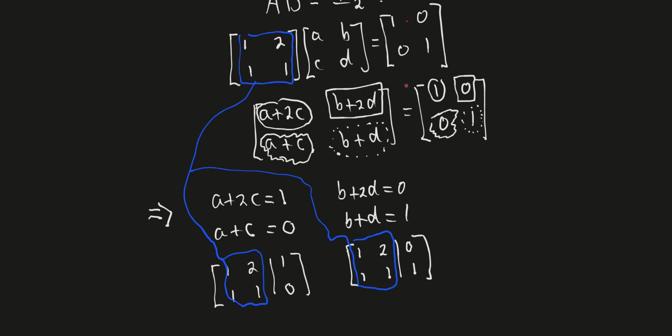So first row, first column is -1 plus 2. Looks good so far. First row, second column, -2 plus 2. Looking great. Second row, first column, 1 minus 1. Man, this is unbelievable.